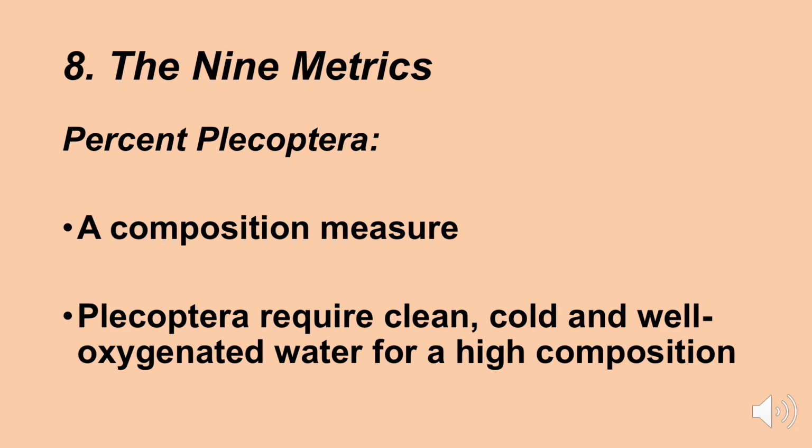Then we look at the stoneflies again. We look at the percent Plecoptera. It's a composition measure. We know that this particular group of organisms, the stonefly nymphs in particular, require clean, cold, and well oxygenated water for them to have a high composition.